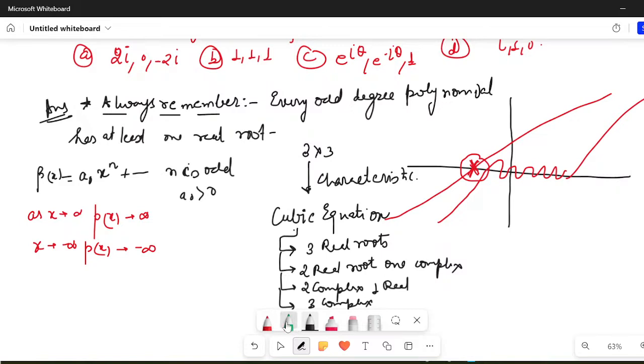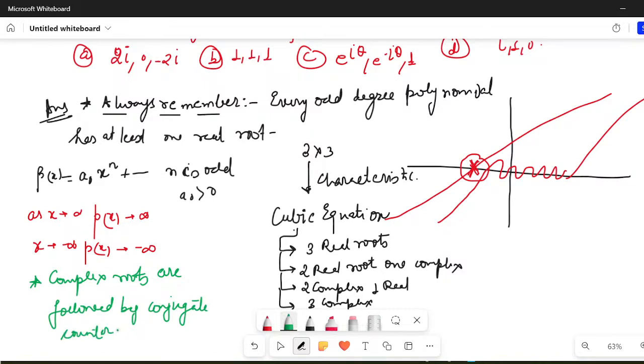Now, from the theory of equations, we know that complex roots are always followed by their conjugate counterparts. What do I mean by this? I mean that if a plus iota b is a root, then a minus iota b will always be there.